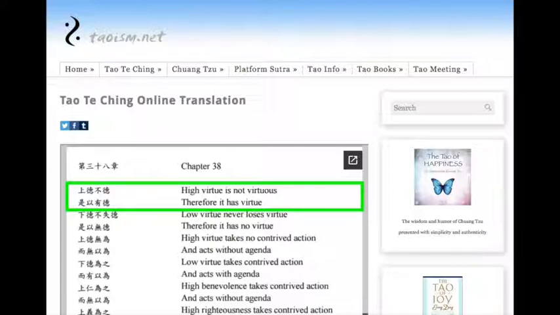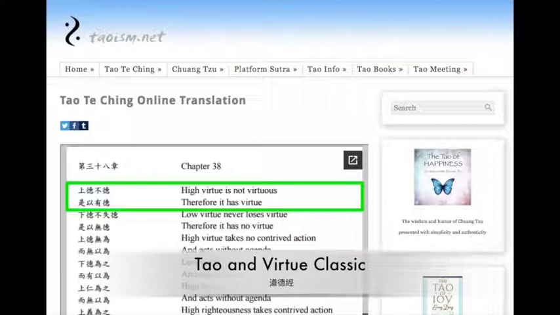Therefore, it has virtue. And these are famous lines from the Dao De Jing as well. 上德不德，是以有德. So as you can see, the second half begins talking about virtue, and that continues on for the rest of the Dao De Jing. So that is the reason. So those are the two halves.